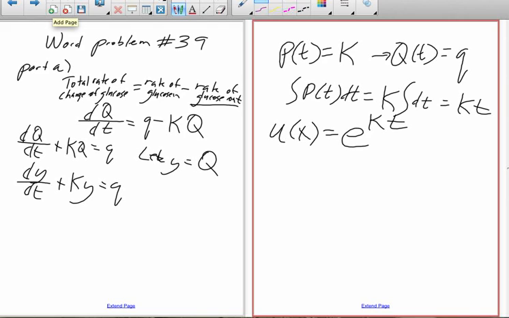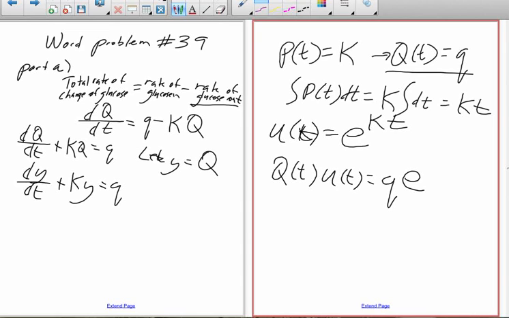Okay, so that's good. Now we need to do our q of t, and this is this one up here, times u of t, which is going to equal little q times e to the kt. And remember, little q is a constant, if you read on the problem.